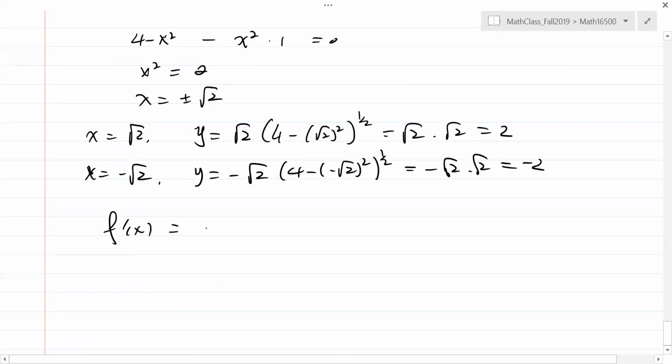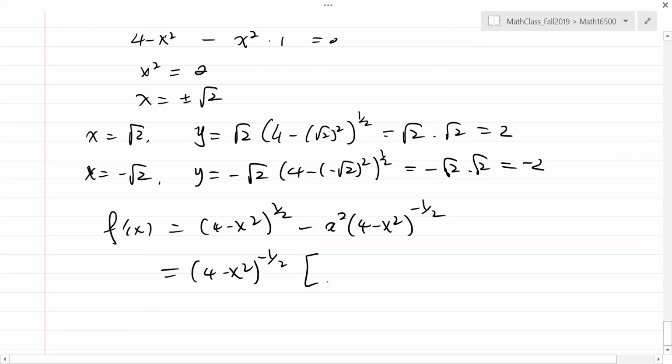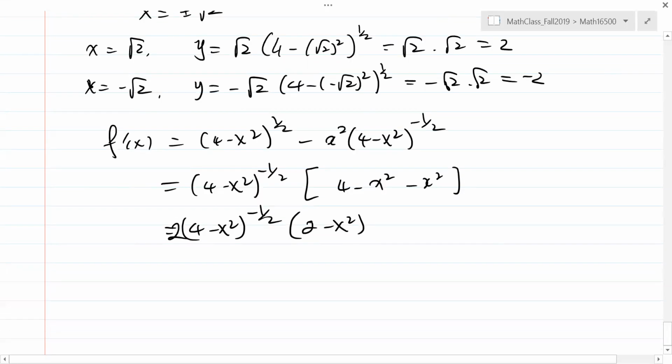F prime of x is (4 minus x squared) to the 1/2 minus x squared (4 minus x squared) to the negative 1/2. I take (4 minus x squared) to the negative 1/2 out: 4 minus x squared minus x squared. And you take 2 out. Okay. So you can tell when it's positive, when it's negative.